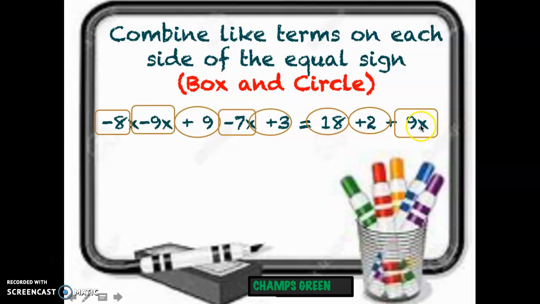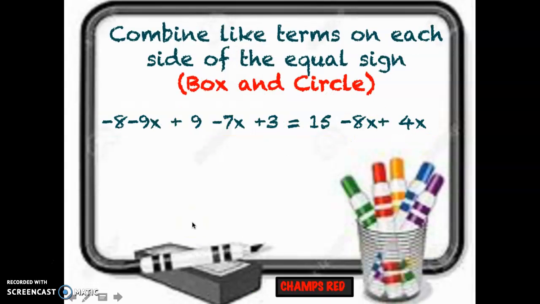Yes, this is a variable and coefficient, but we just call it the variable. When I combine, I get the following answer. Please make sure you're watching your integer rules. Adding 3 negatives stays negative. Add them all together and get 24. 9 plus 3 is 12. 18 plus 2 is 20. And then I just bring down the 9x since there's only 1 square here.